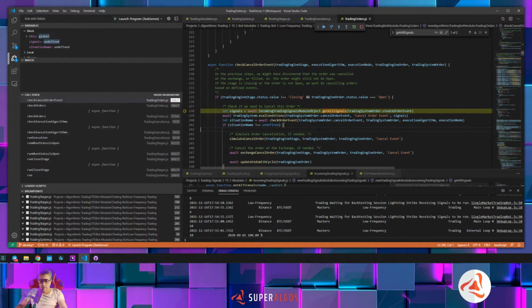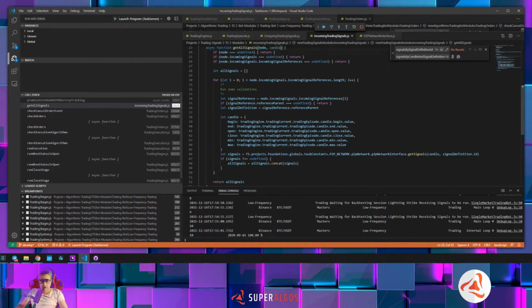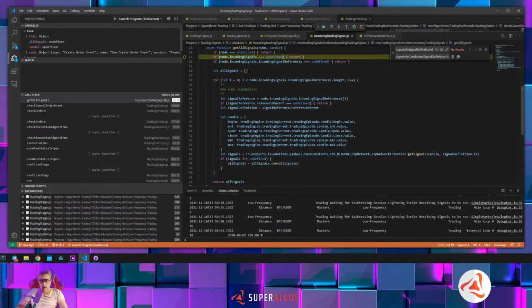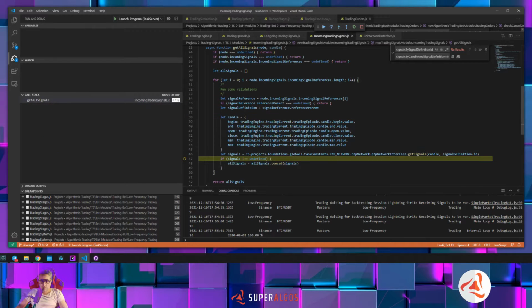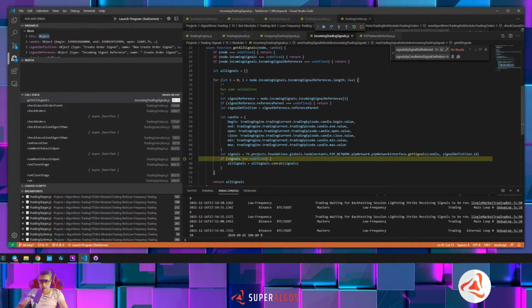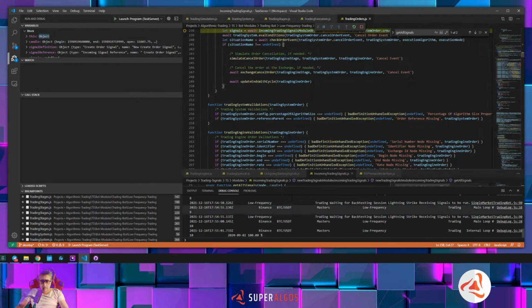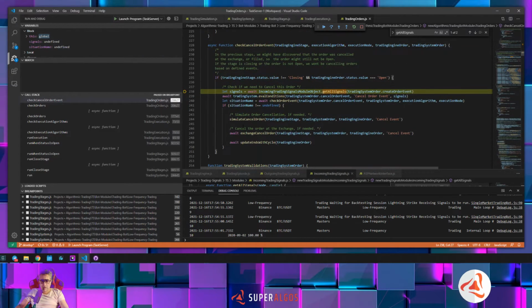So now we are going to enter into here and see what is going on. Oh, you didn't get any signals. I wanted to get inside to see what was going on, but okay, let it run and it will stop again.